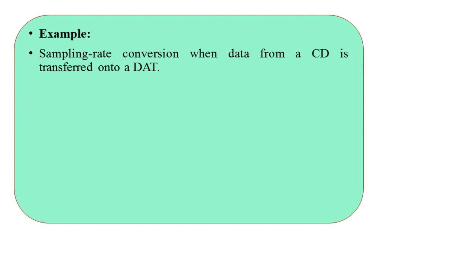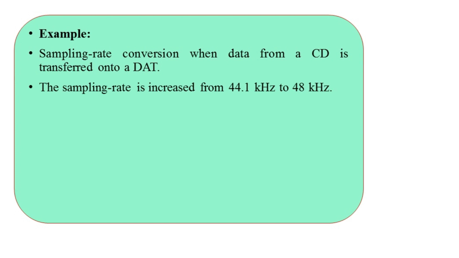Now in this particular case the sampling rate is to be increased from 44.1 kHz to 48 kHz, because the sampling rate with which it is stored on the compact disc is different, that is the first number, and the sampling rate with the help of which we have to play it on the system is different, that is the latter number, 48 kHz.